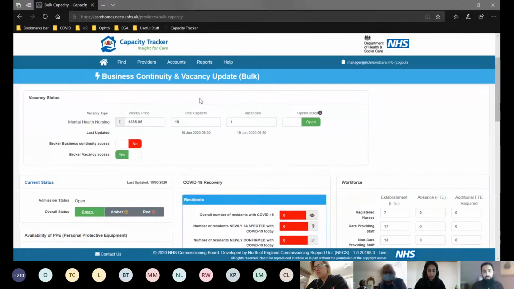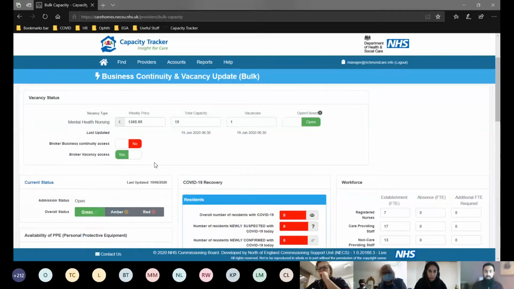There is some information around capacity and vacancies: the number of beds you have, and the number of beds that are unoccupied at the moment. Across London, some homes have granted broker access, either to brokerages or their head office if they're part of a large chain.